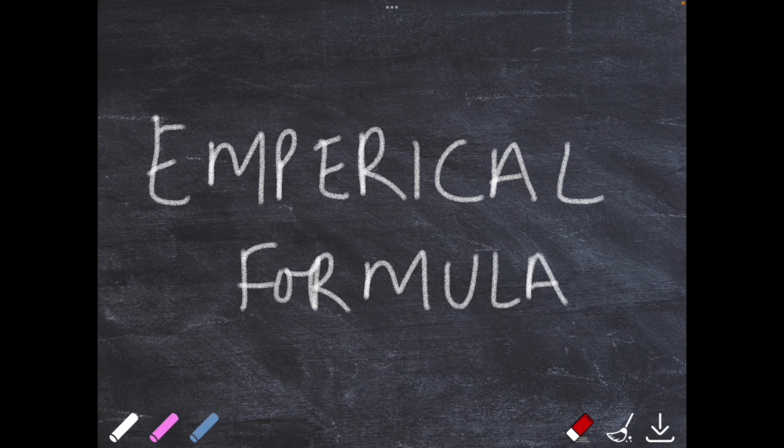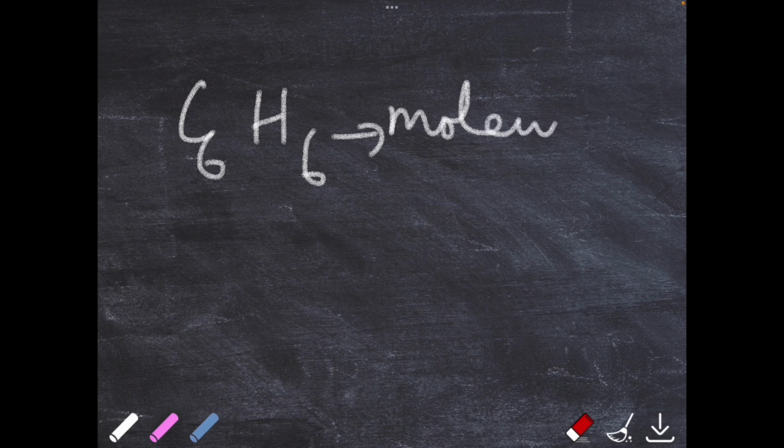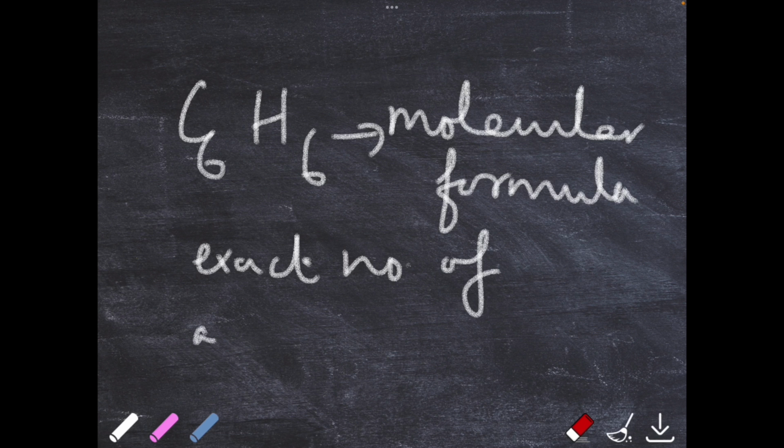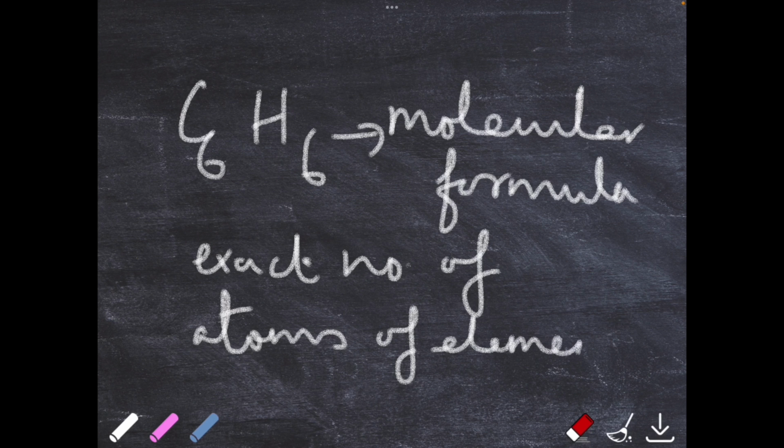Now what is actually the empirical formula? Let's consider this molecule C6H6. Now C6H6 is its molecular formula, right? It gives the exact number of atoms of elements in the molecule.